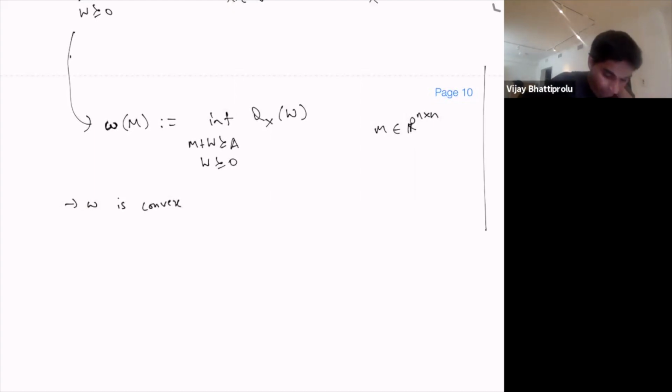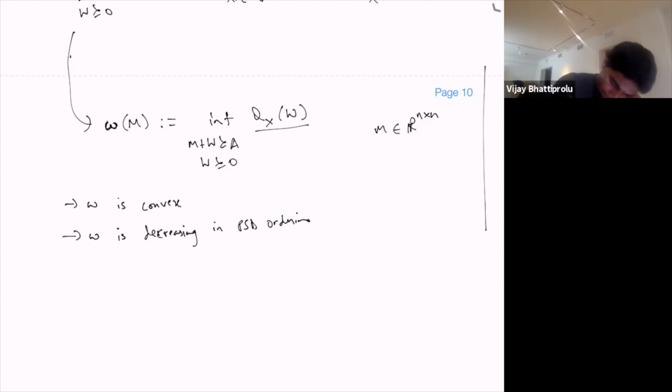This follows from the fact that we are minimizing a convex function over a convex set. And the second observation is that omega is decreasing in PSD ordering. That is, if M1 is dominated by M2, then omega of M1 is less than or equal to omega of M2.